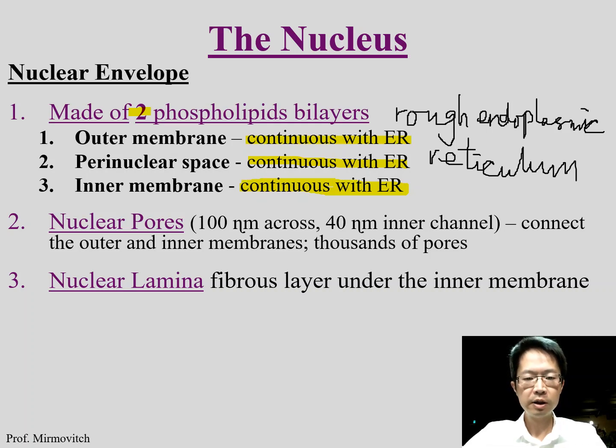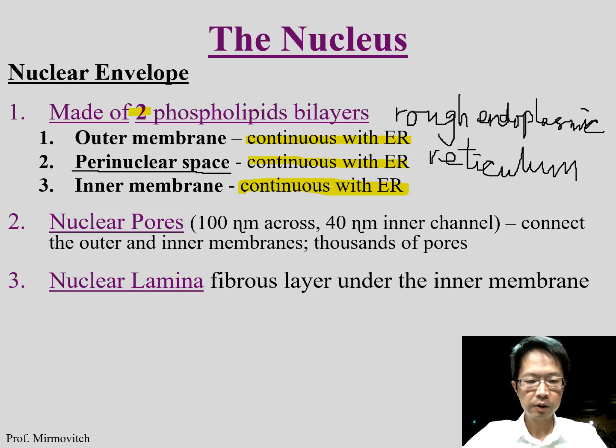There's a very important principle called structure follows function. There's a reason why the rough ER is a continuation of your nuclear membrane. Regarding the perinuclear space, it is the space in between the outer membrane and the inner membrane.